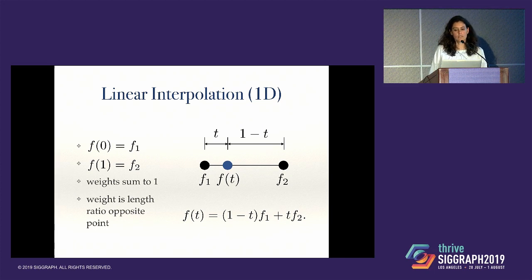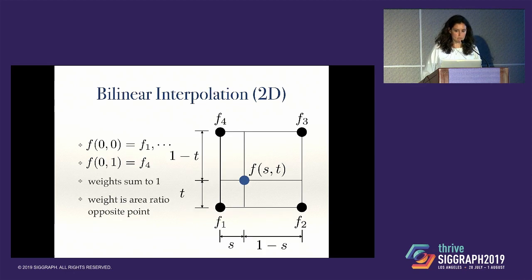If you look at f2, the length of the segment opposite f2 is t, so that's f2's weight. So here, the weight of f1 is this length, and the weight of f2 is actually this length. So that's captured in that formula right there. That's a good thing to remember, because that's going to generalize very well to 2 dimensions, 3 dimensions, triangles, etc. And there's a reason for it, too.